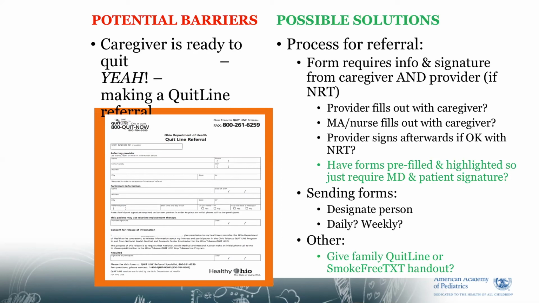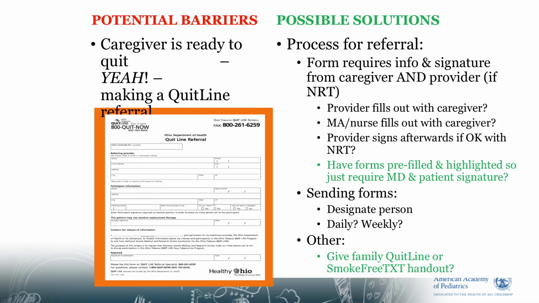to hopefully have a lot of conversations in our clinic with patients, but to literally line them up with even more resources beyond what we're going to be able to offer in the clinic setting. And the referral line is one of those. One particular challenge and potential solution we've heard from other practices is that the more of these referral forms we can have pre-populated, particularly that portion up front, the easier it was for clinicians to have mom or dad sign the form and put their contact information.